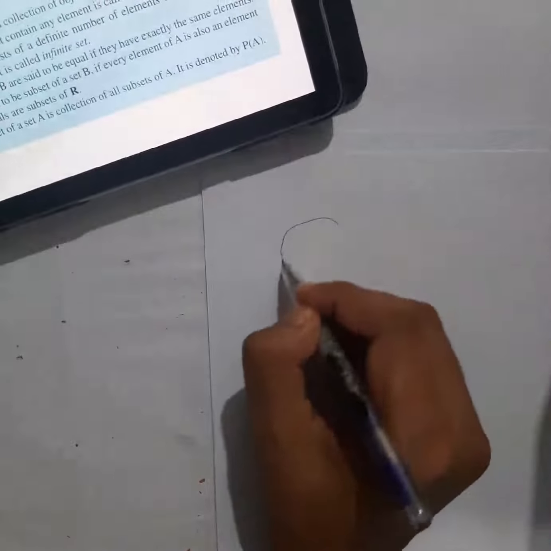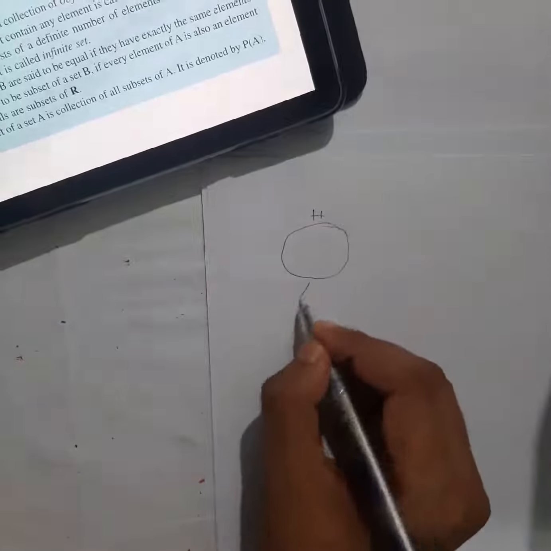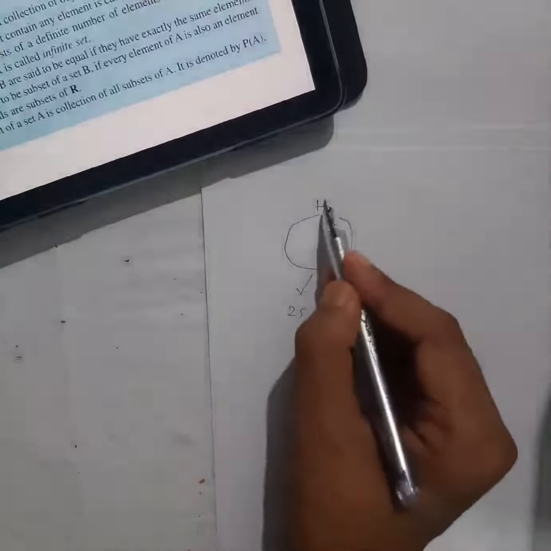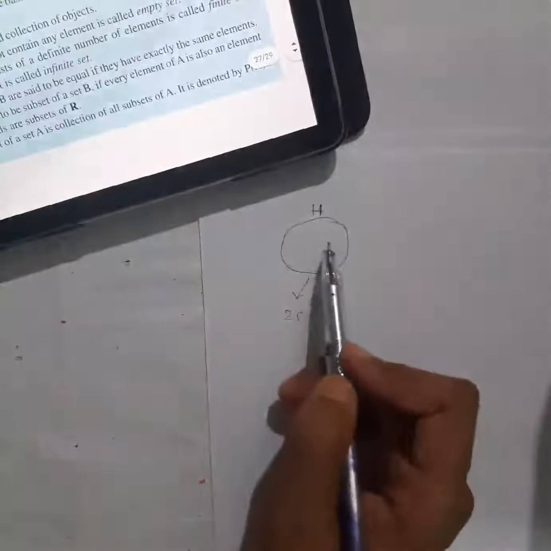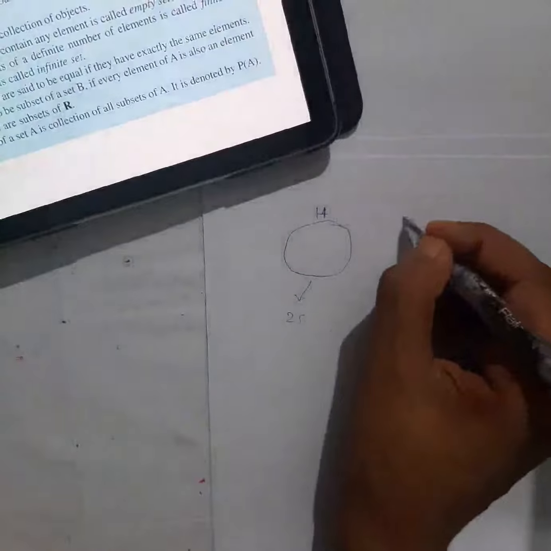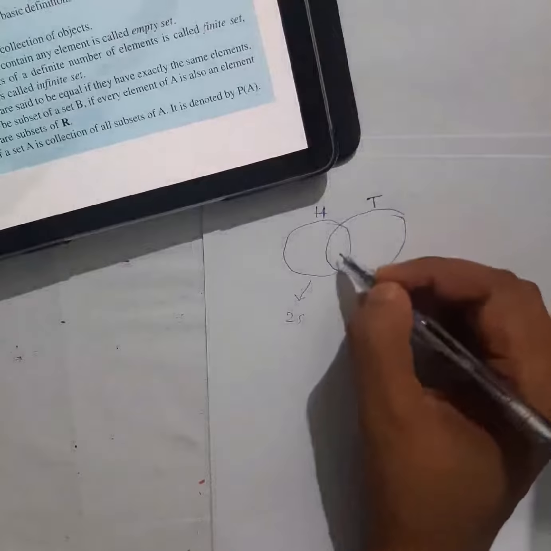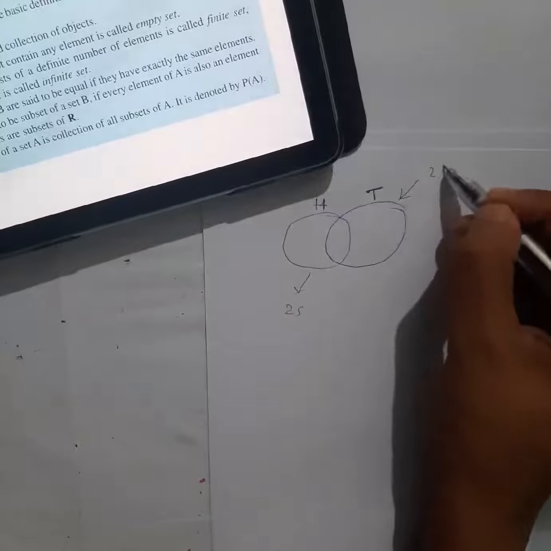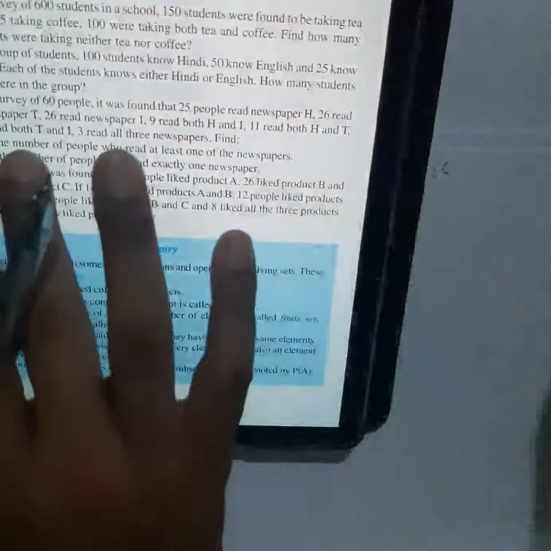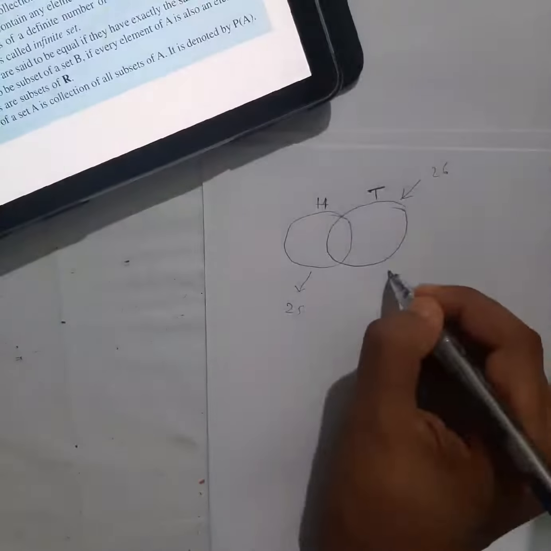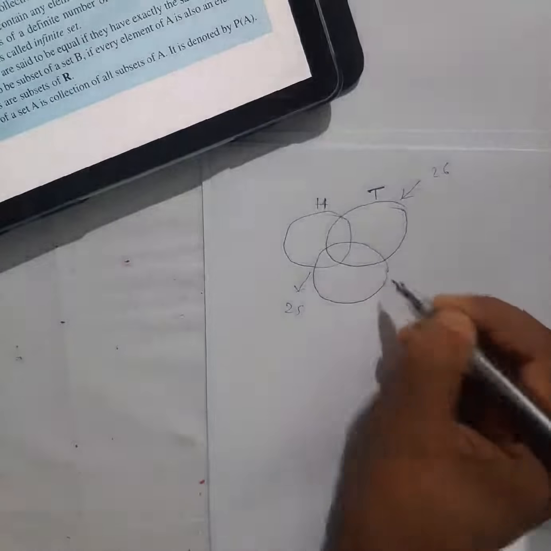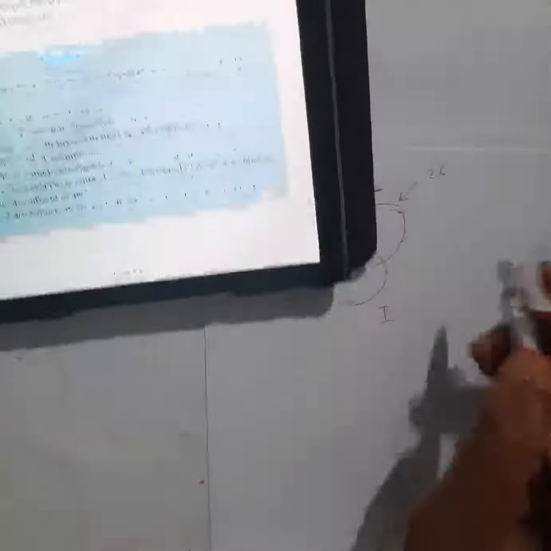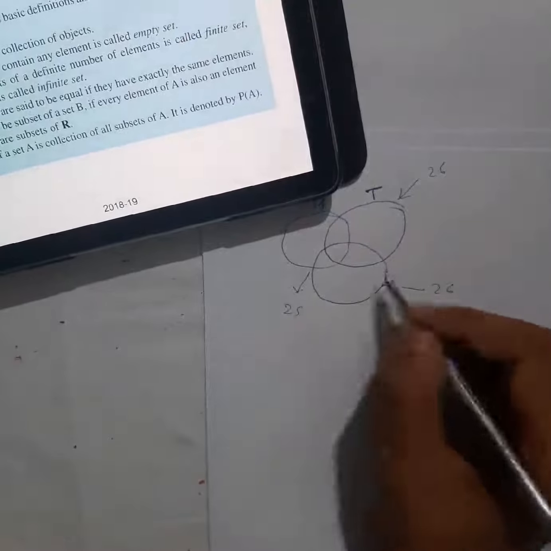This is your newspaper H. There are people who read newspaper H. Next, 26 read newspaper T. Common is there, so that's why I have drawn common. 26 people read newspaper T. Next, 26 read I. Total 26 here also.